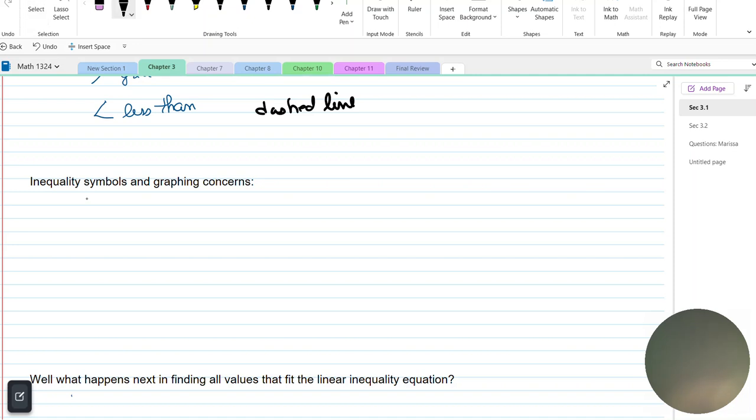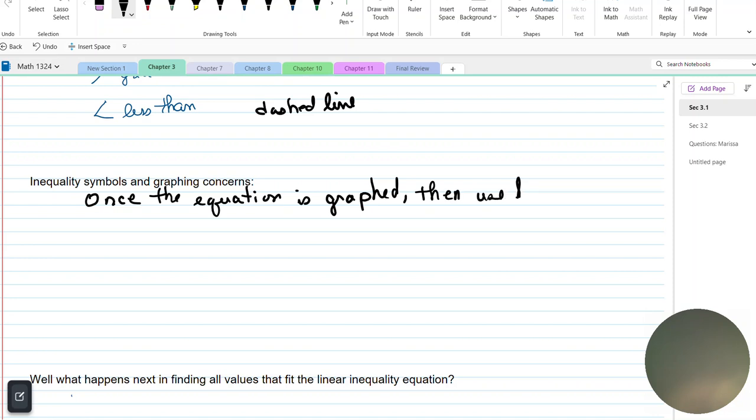All right, once the equation is graphed, the test point. And if possible, we keep them small, like 0, 0, or 1, 1, or whatever, but it's small.